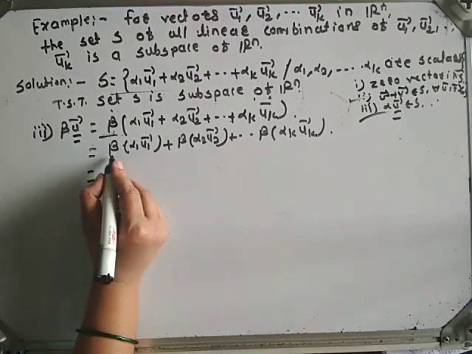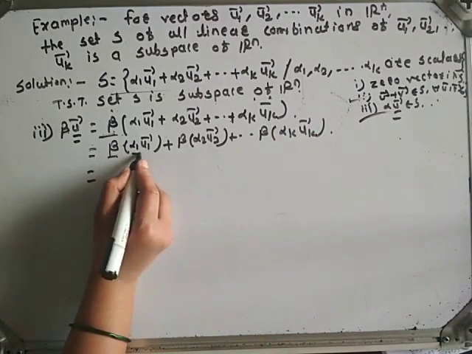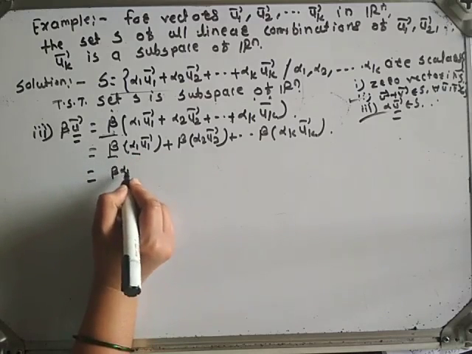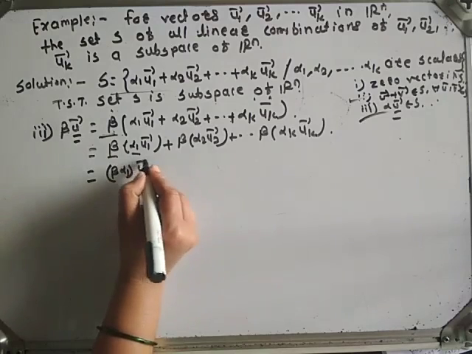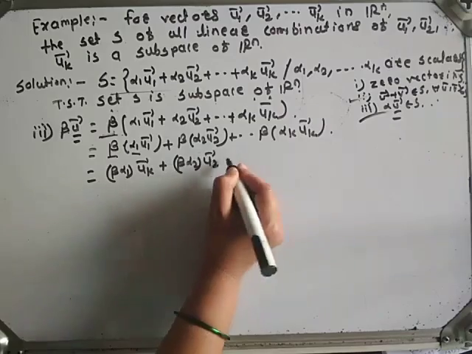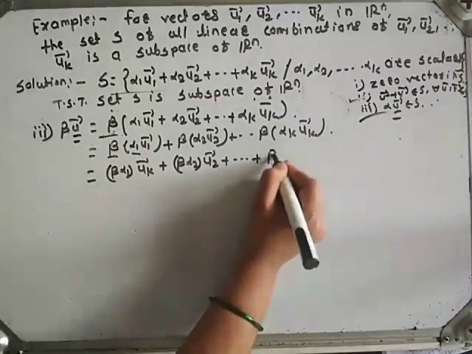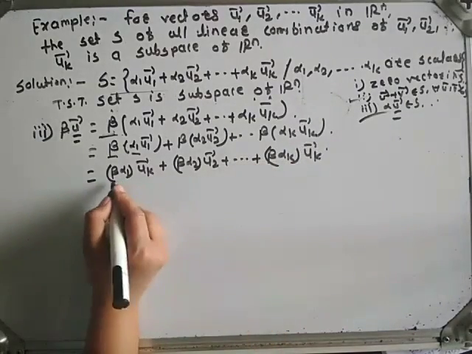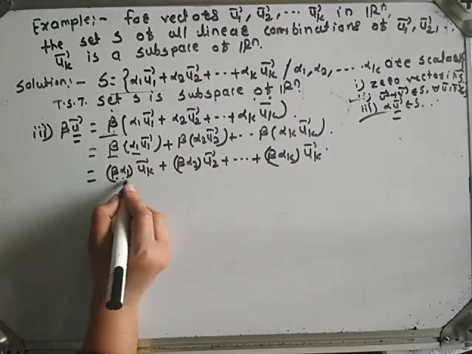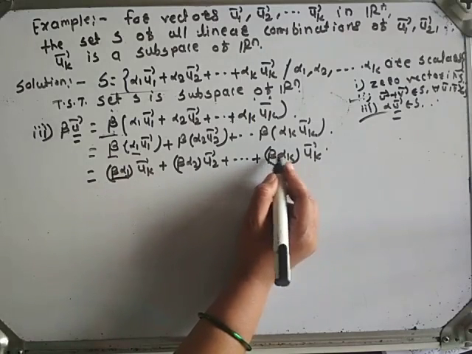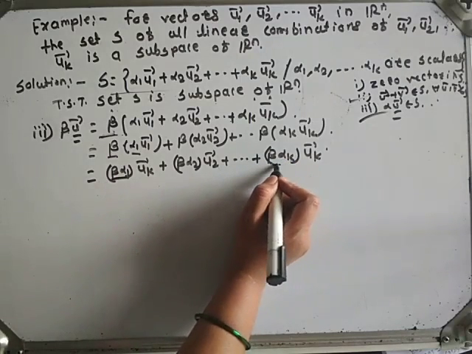Students, this beta and alpha both are scalars, so this can be written as beta into alpha 1 u1 bar plus beta into alpha 2 into u2 bar plus and so on up to beta into alpha k into uk bar. Beta and alpha 1 both are scalars, so their multiplication is also scalar, and so on up to beta and alpha k both are scalars, so their multiplication is also scalar.